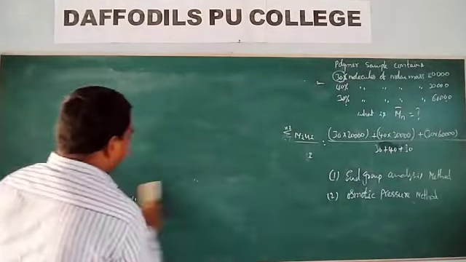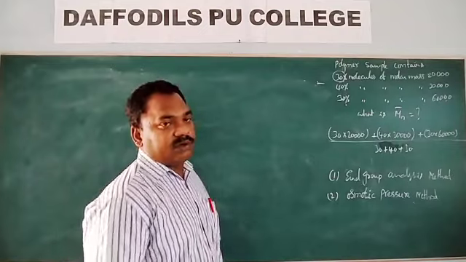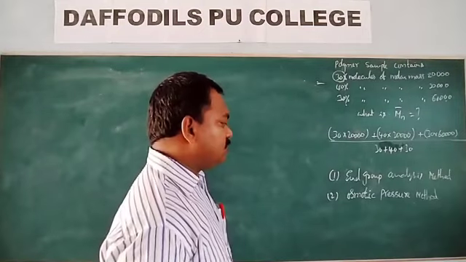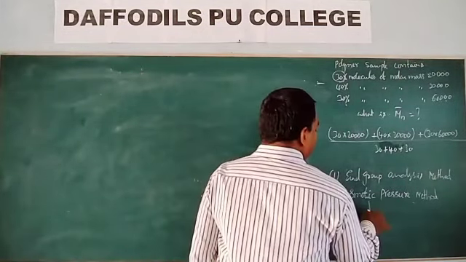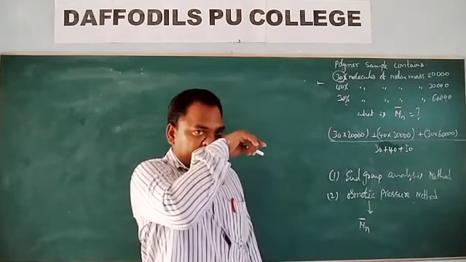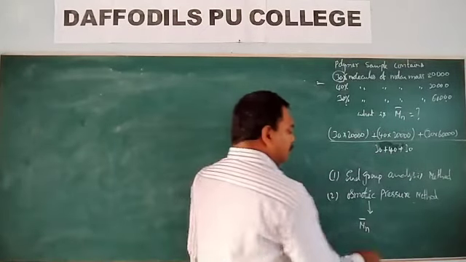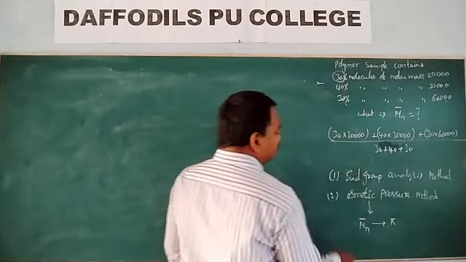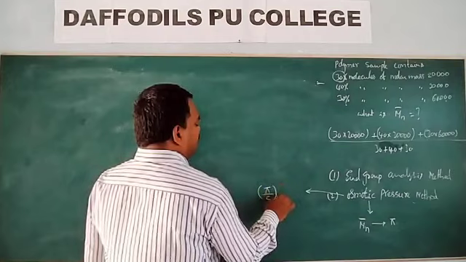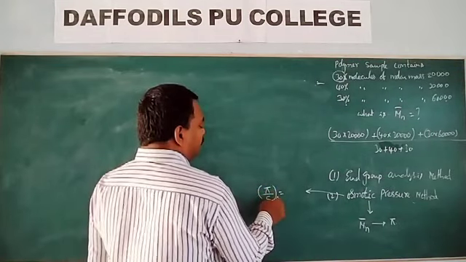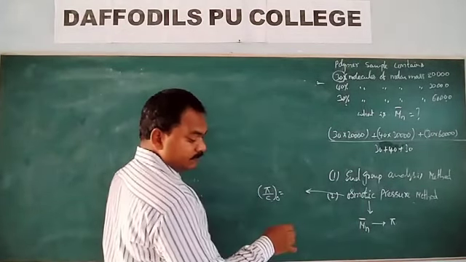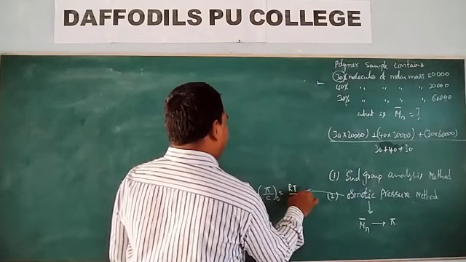We know about osmotic pressure and osmotic solutions. Osmotic pressure is denoted by phi, and it is related to the number average molecular weight. How are they related? Phi by C naught is equal to RT by Mn.